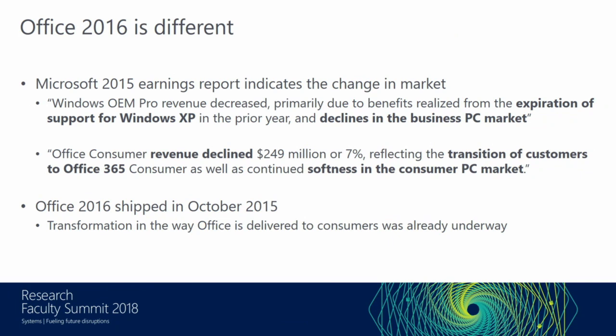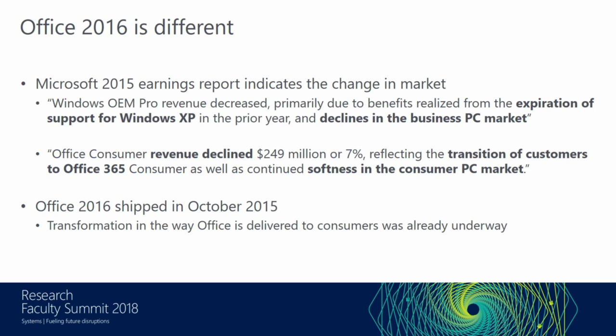2015, I pulled up the Microsoft earnings report, and it kind of gives an indication of where Office was at the time. Windows XP had just expired its support. There were major declines in the PC business market, and Windows and Office were often sold together. So if Windows declined, Office declined, and that's what happened to Office.